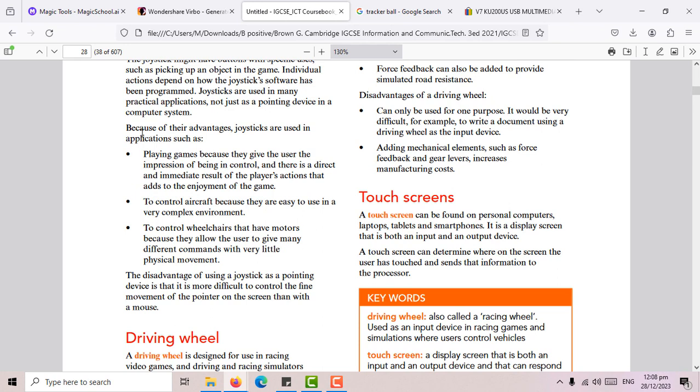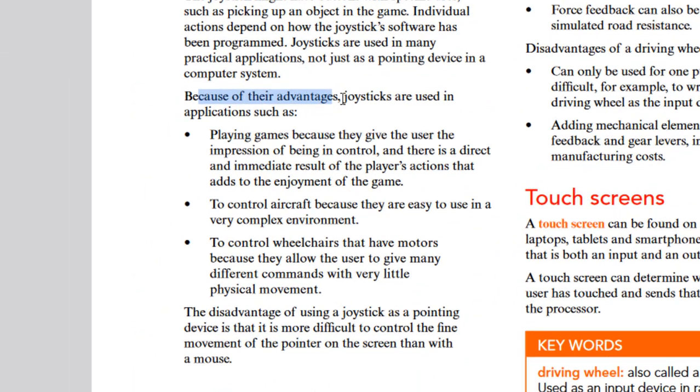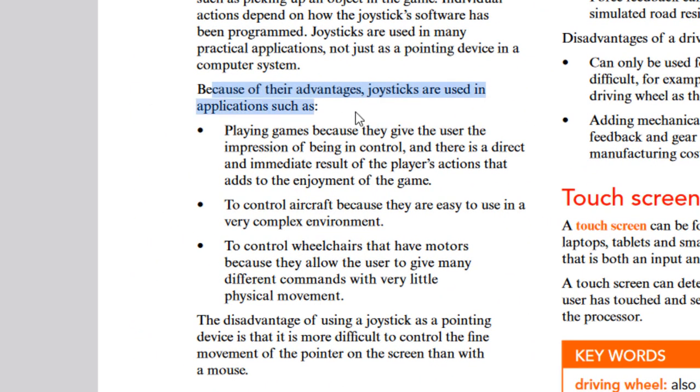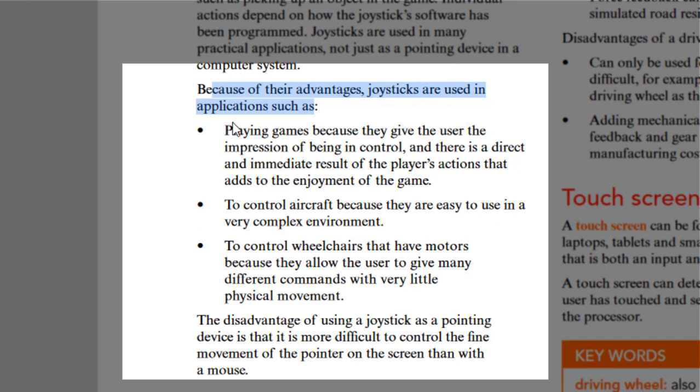Now let's study a little bit about the advantages. Because of their advantages, joysticks are used in applications such as these. You can use them for playing games because they give the user the impression of being in control, and there's a direct and immediate result of the player's actions that adds to the enjoyment of the game.